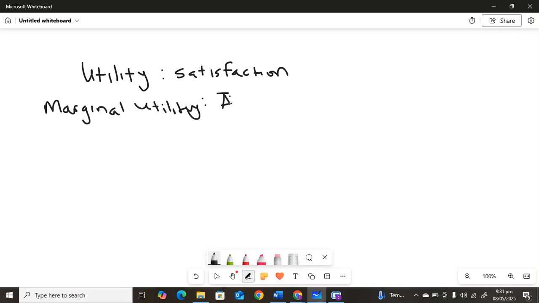Okay? Utility is just satisfaction. Marginal utility, additional satisfaction. So that function that has been given to us is a utility function which just gives us the satisfaction a person gets from consuming pork and beef.